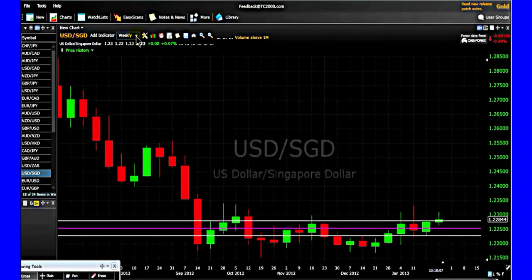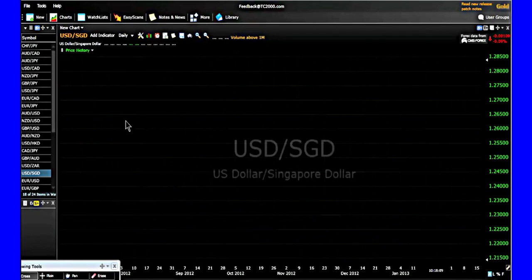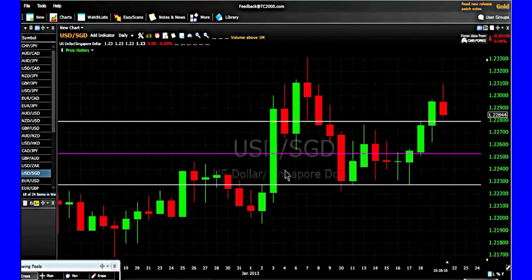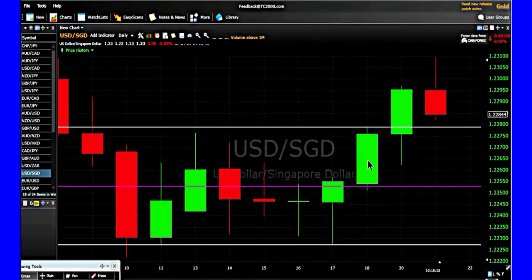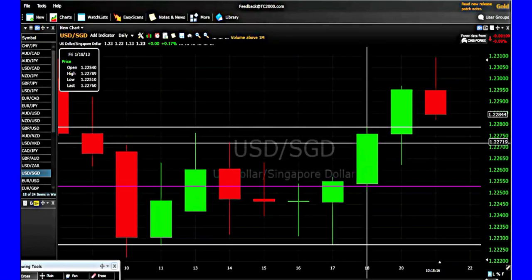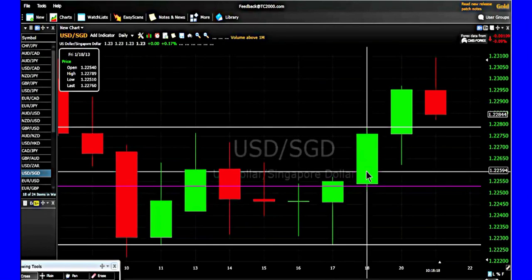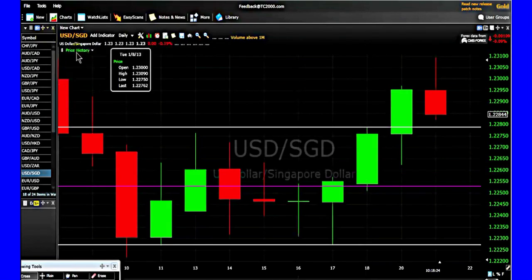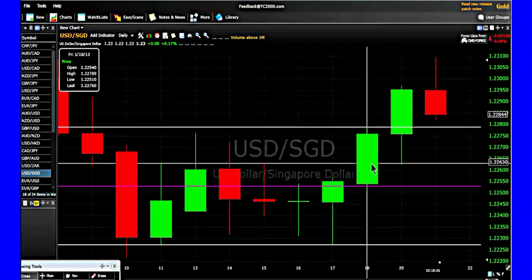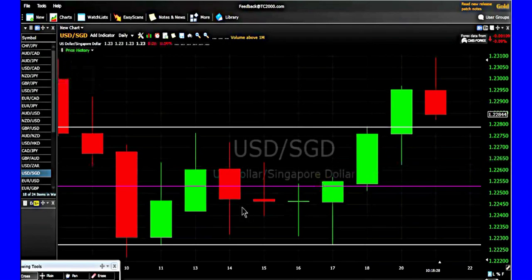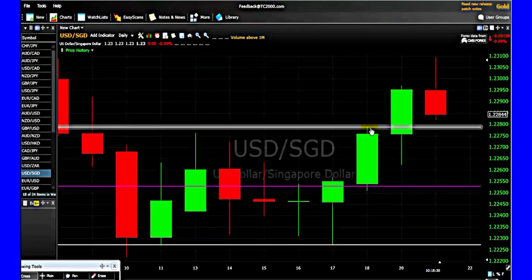Now I'm going to the daily chart. I'm looking for last Friday. The candle for last Friday, this one. You can see on my left hand side, Friday, January 18, on the top left hand corner, this session here. That's last Friday. Now, the high of last Friday is exactly the high of last week.